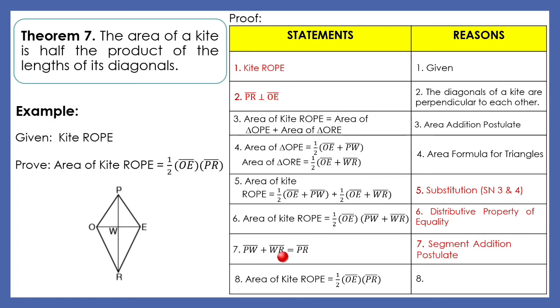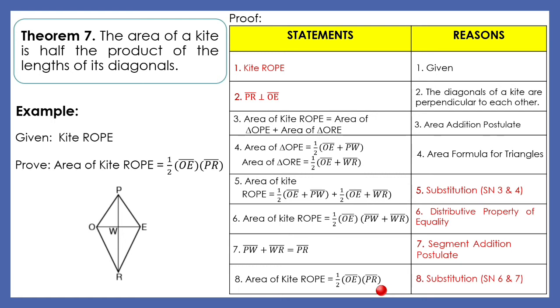So, line segment PW plus line segment WR, substitute ng line segment PR. Kaya naging area of kite ROPE equals 1/2 times OE times PR.